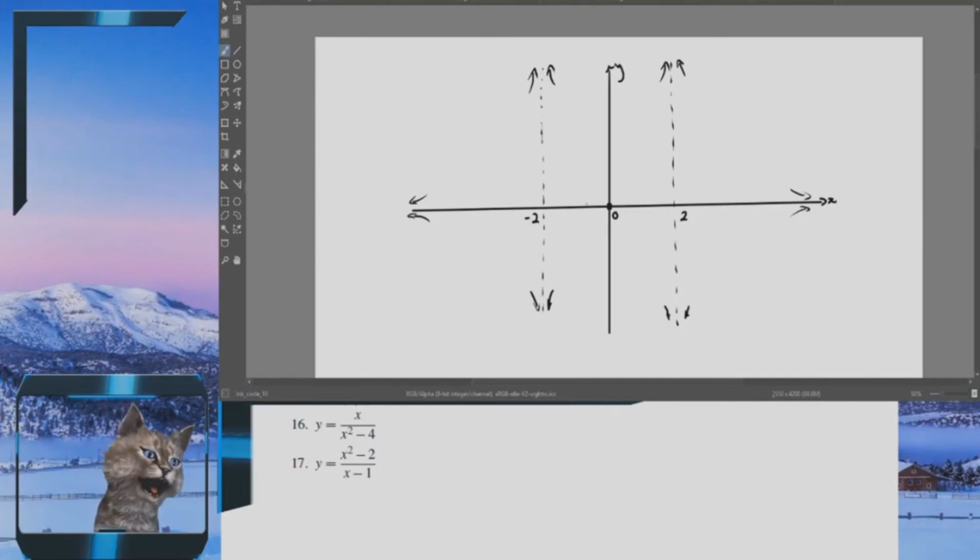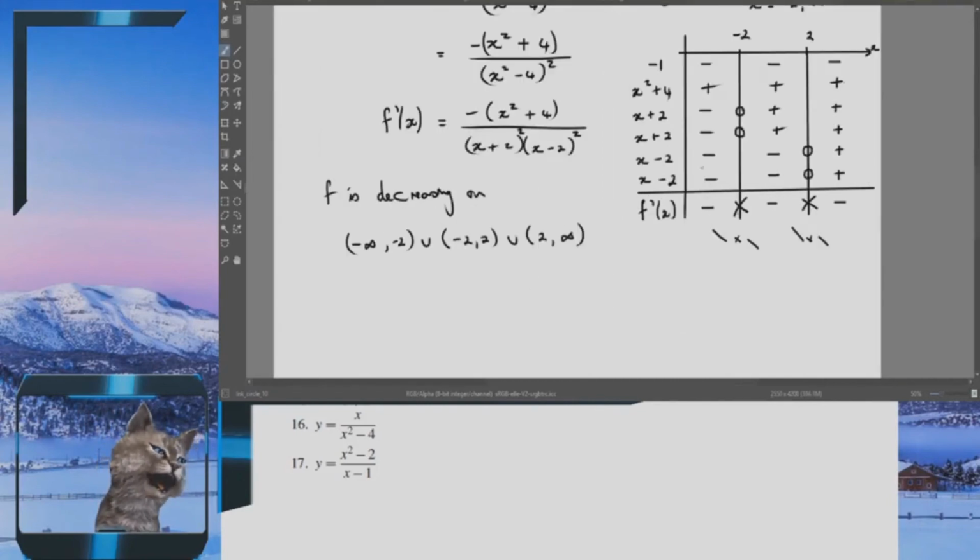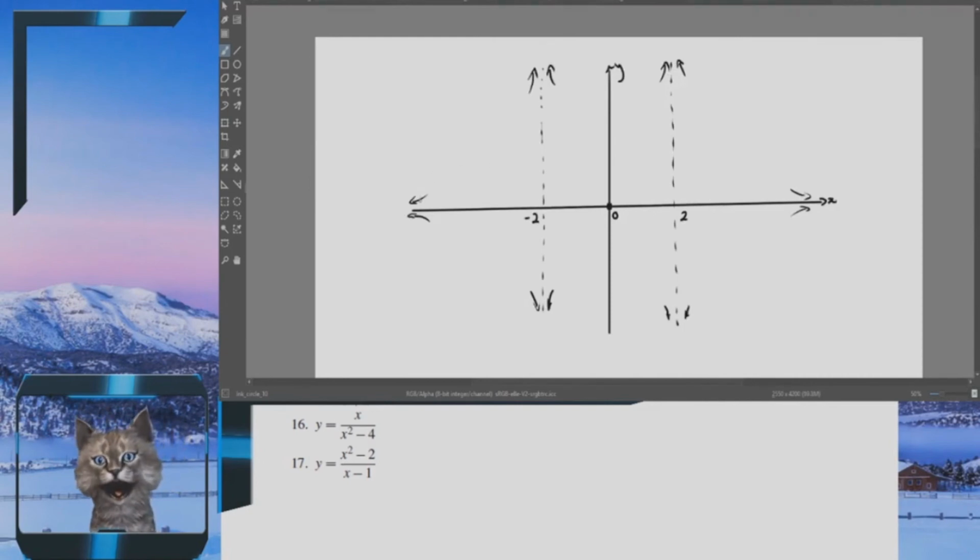On the left section, going up to negative 2, everything's decreasing everywhere. So it cannot be this, because that implies an increasing trend. So I'll make my, what do I erase? Let me just find the eraser here. I think it's this button, yes. Can't be that one. And it can't be that one.